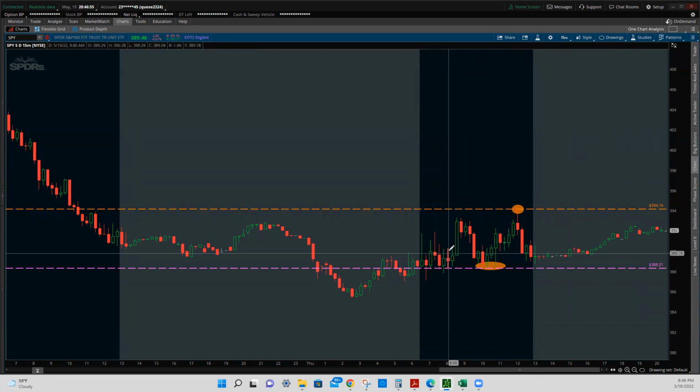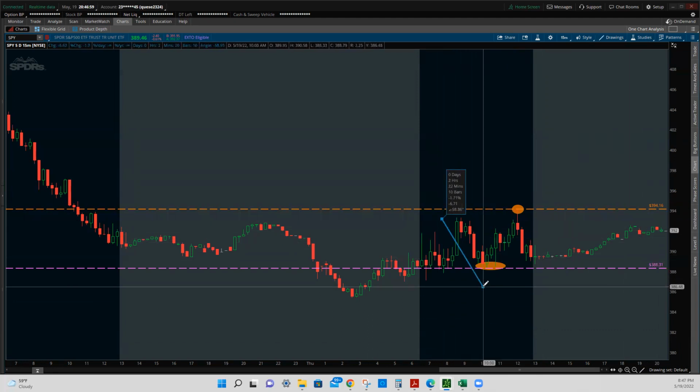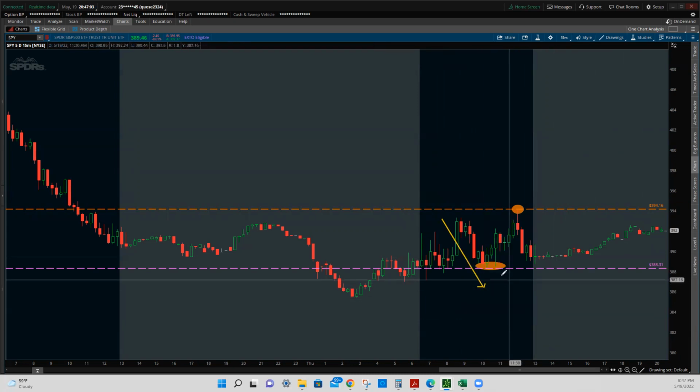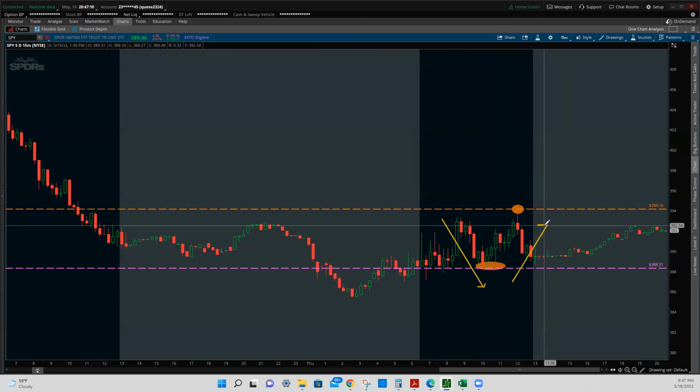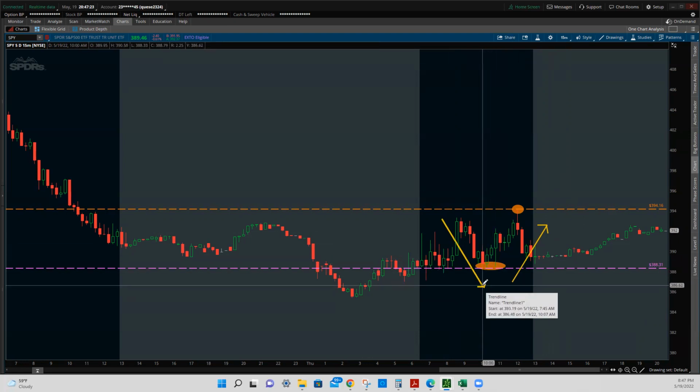Price was going down, and once it reached this orange oval, price then went up. See that? That would indicate that this is a support level, because as price decreased and got to this point, the price reversed.